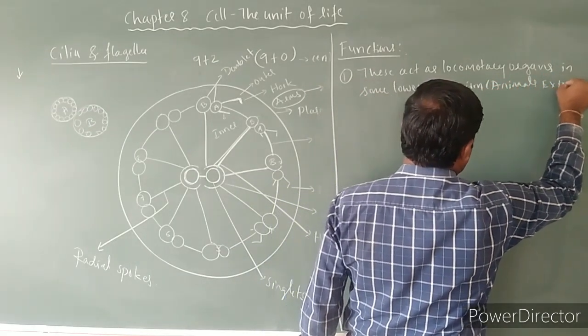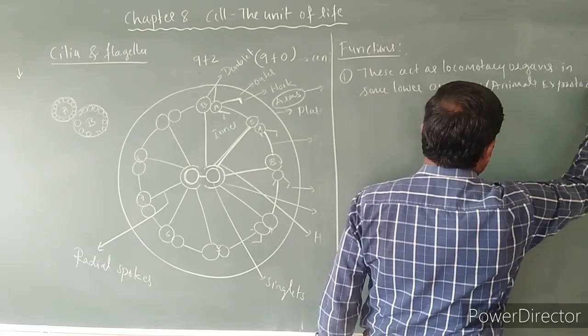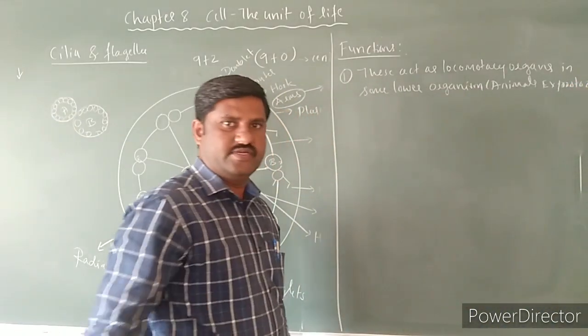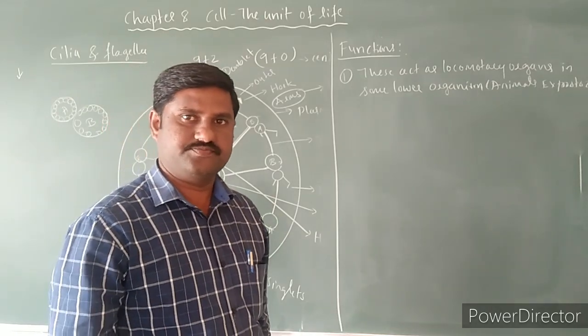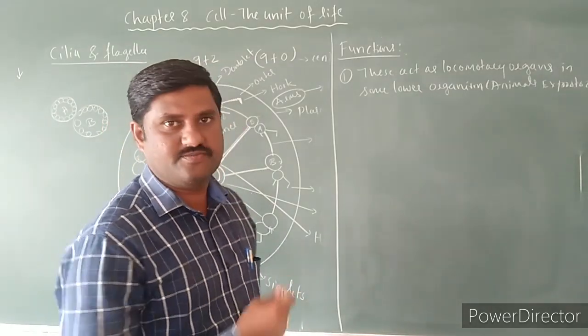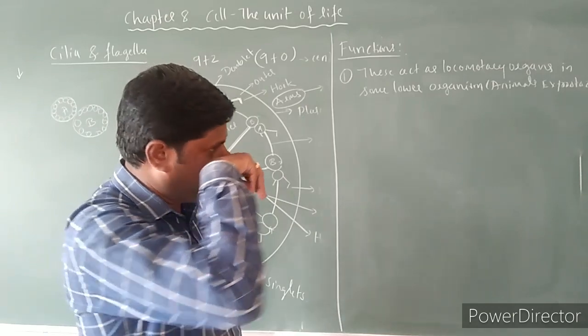An example is protozoa. Protozoans are the organisms which use cilia as well as flagella for their movement.